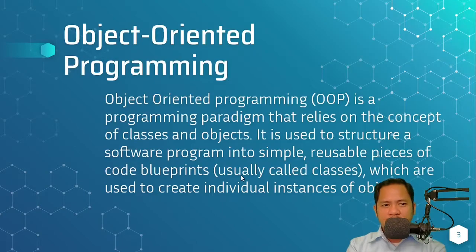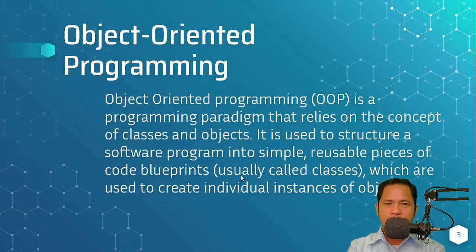Object-oriented programming is a programming paradigm that relies on the concept of classes and objects. It is used to structure a software program into simple, reusable pieces of code blueprints, usually called classes, which are used to create individual instances of objects.